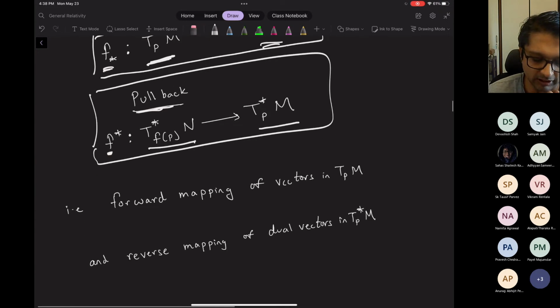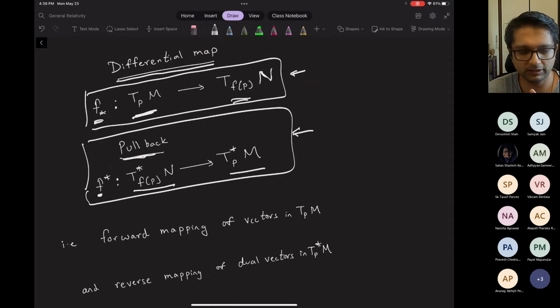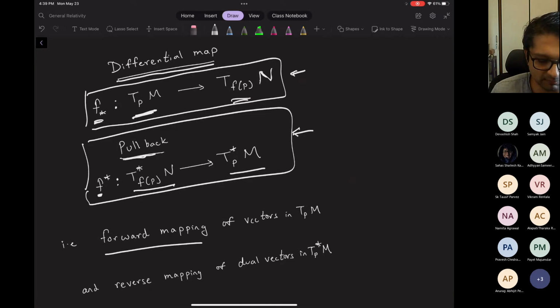So in other words, there are two maps induced by the smooth function F, which takes us from M to N. The mapping is uniquely defined as a forward mapping for vectors.